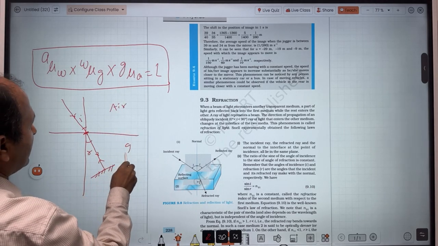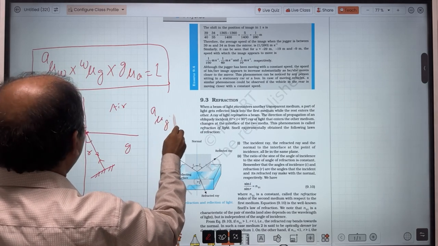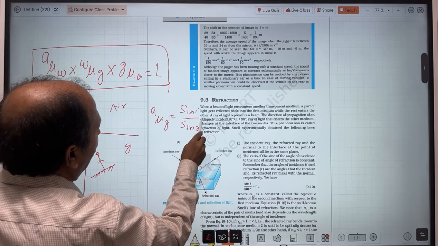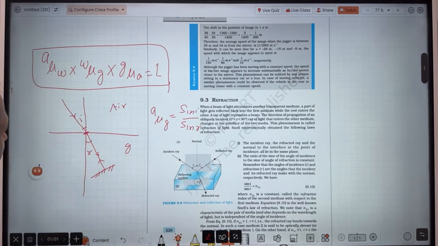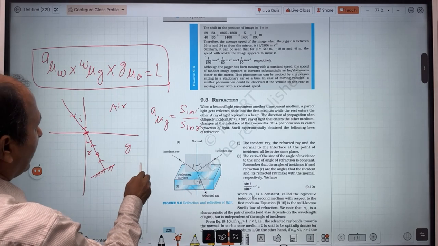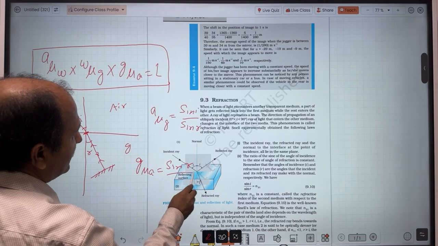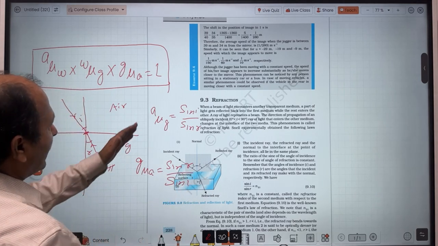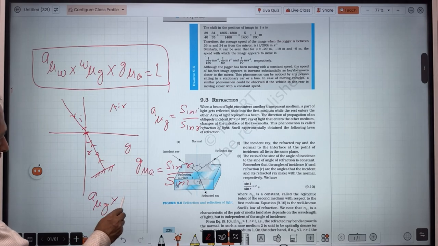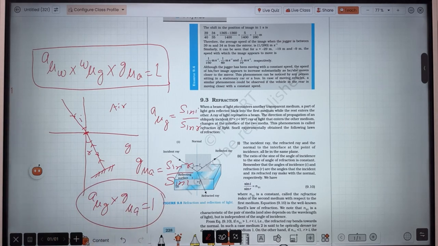Suppose this is air and this is glass. In the first case, A mu G will be equal to sine I upon sine R. And in the reverse case, when the ray moves like this, we write G mu A as sine R divided by sine I. Now if we multiply the two, A mu G multiplied by G mu A gives 1.